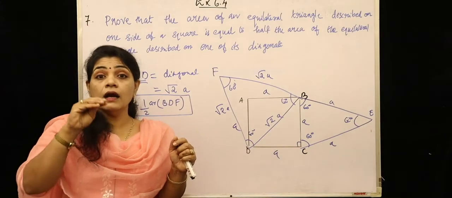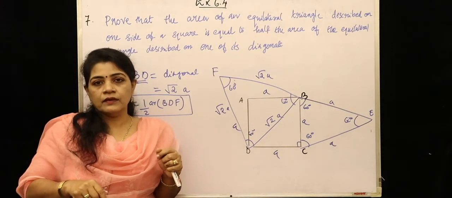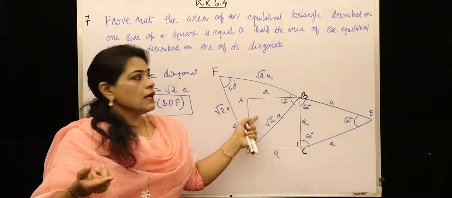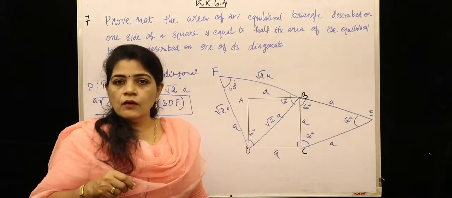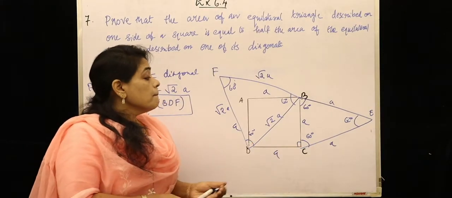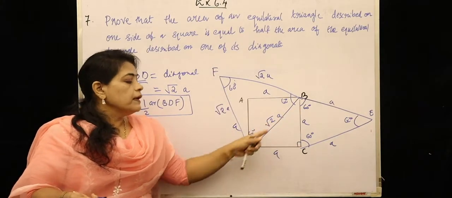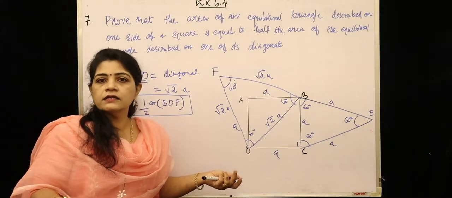See children, here we have two equilateral triangles. I have marked the angles, each angle being 60 degree. That means triangle BCE is similar to triangle BDF by AAA similarity criteria or AA similarity criteria.